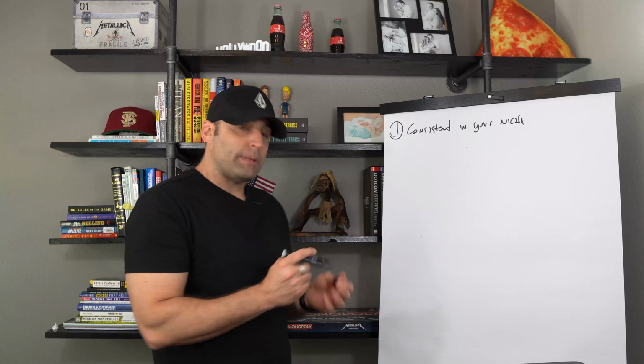So if my account is about fitness and supplements, I'm going to interact with only accounts that have to do with fitness, because what happens is the algo puts the pieces together and goes, oh, this is a product for fitness people. So I'm going to connect the dots and put that content in front of those fitness people. It's going to figure out your niche. So the tighter you keep your niche, the more you niche down, the better.